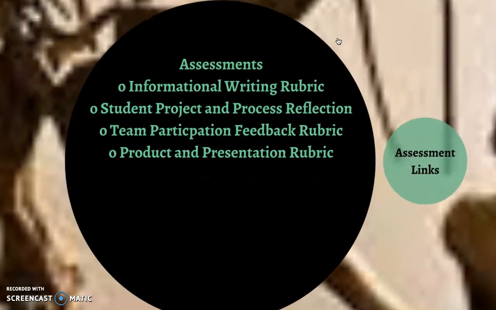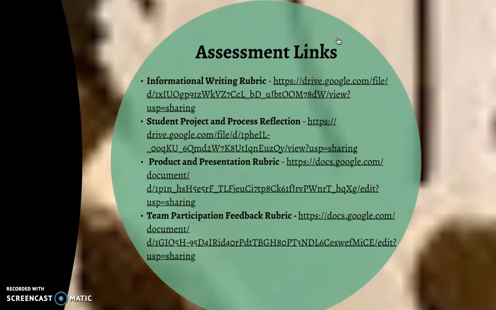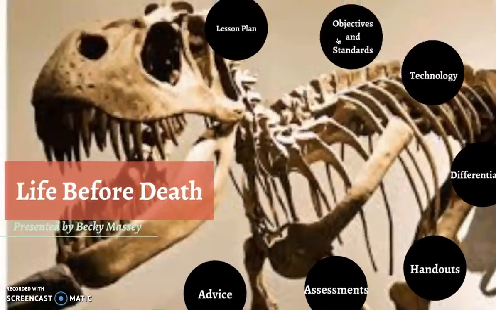Assessments came in the form of an informational writing rubric, Lucy Calkins, a student project and process reflection provided via the Buck Institute for Education, a team participation feedback rubric provided from them as well, and a product and presentation rubric. These are the links to those assessments.